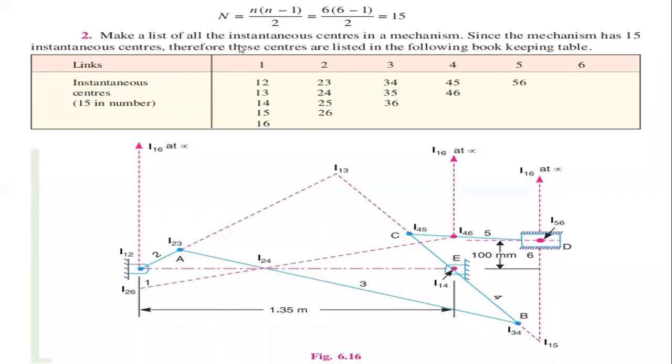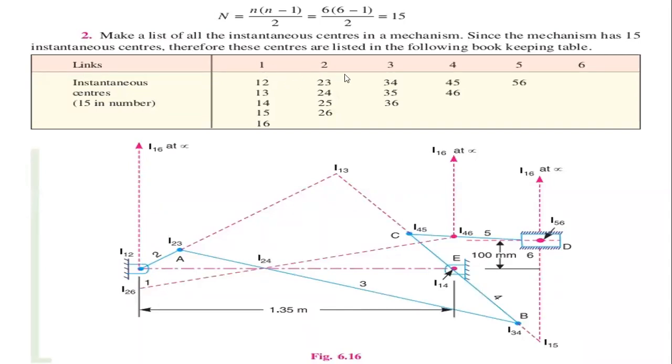Then we are going to make a list of these instantaneous centers in the mechanism from the given space diagram. We are going to draw a table of the links and the instantaneous centers.